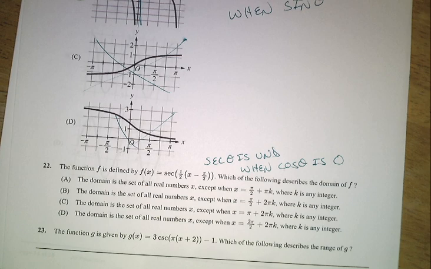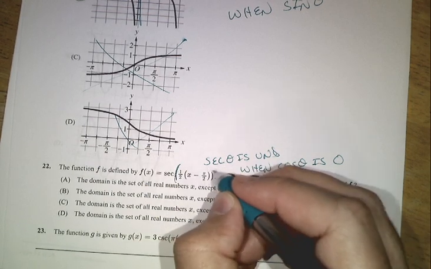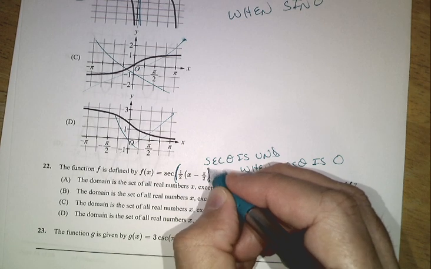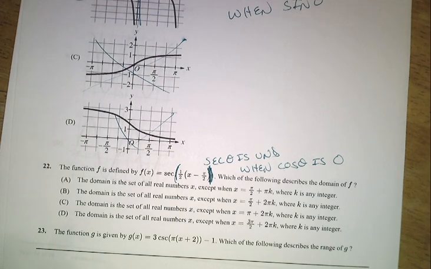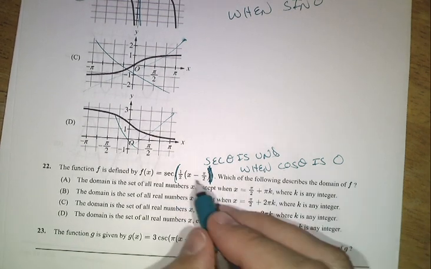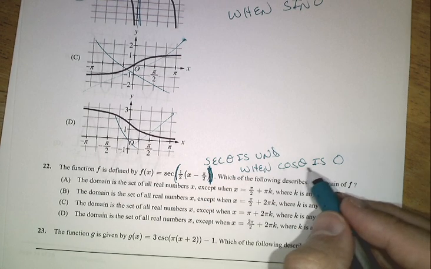Okay? The problem with that is that this whole thing right now is your big theta. Oh, sorry, this whole thing is theta. That whole thing is theta. So we know when cosine is equal to 0.